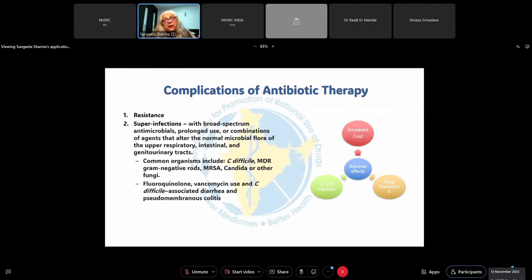Then don't forget one thing. Most of the time when we prescribe antibiotics, we think that they are harmless. They are not harmless. Resistance, as I told you, is the problem. Superinfections can happen, such as C difficile infection, especially when you are using broad spectrum antibiotics. Fluoroquinolones and vancomycin are particularly associated with C. difficile associated diarrhea.